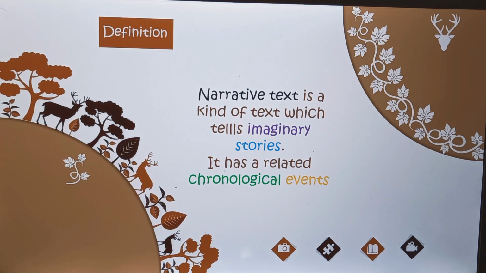Jadi teks naratif pasti kamu udah tahu lah, dia teksnya yang menceritakan tentang cerita yang imaginary. And it has a related chronological events yang memiliki rangkaian peristiwa kronologis yang saling berkaitan.